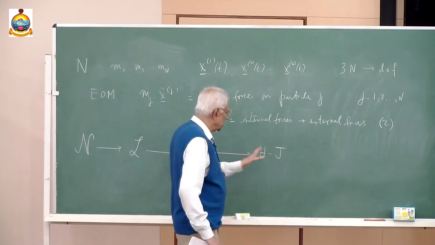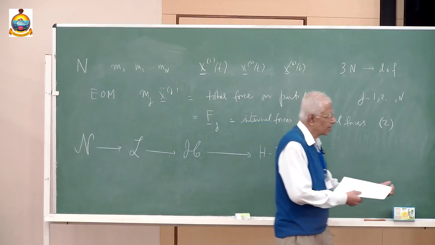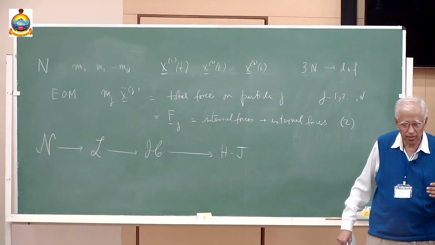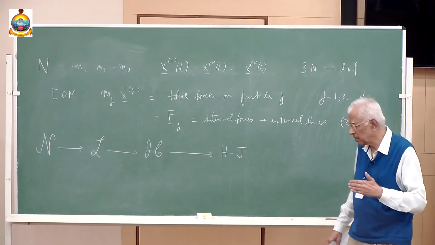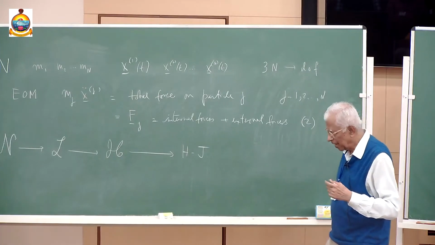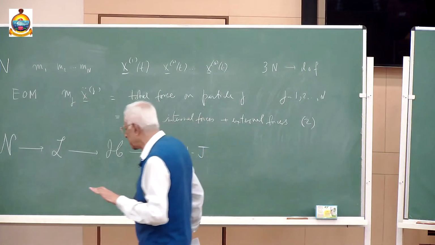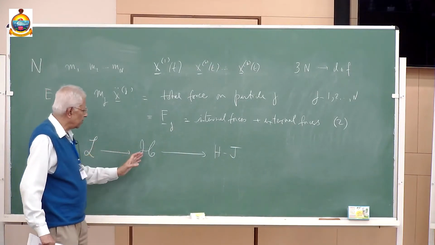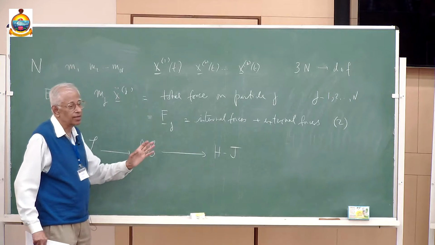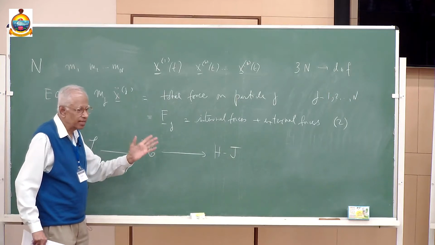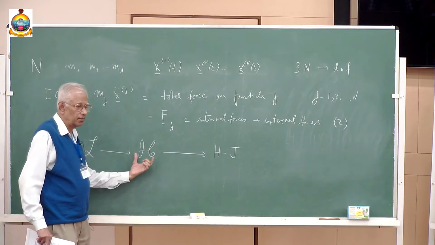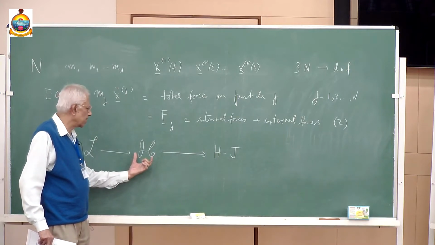So each of these developments in classical mechanics has played an important role in the discovery of quantum mechanics. And I am tempted to add to this, the initial discovery of quantum mechanics in all its forms, matrix form, wave form, etc., was based on the Hamiltonian description of classical mechanics.